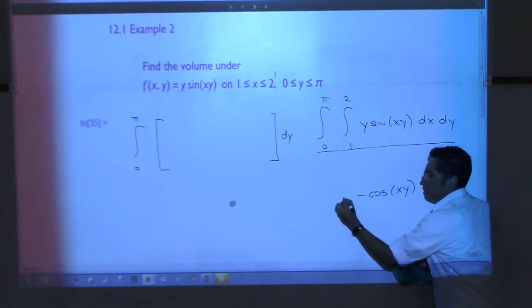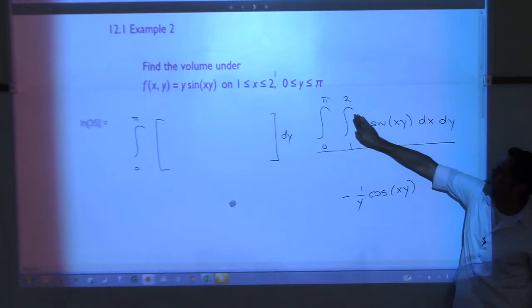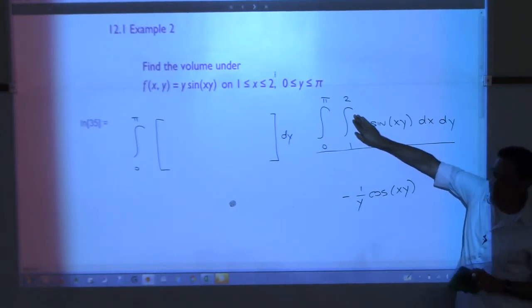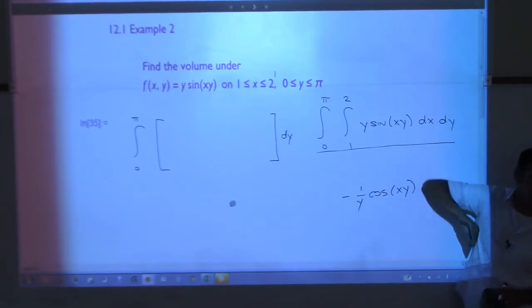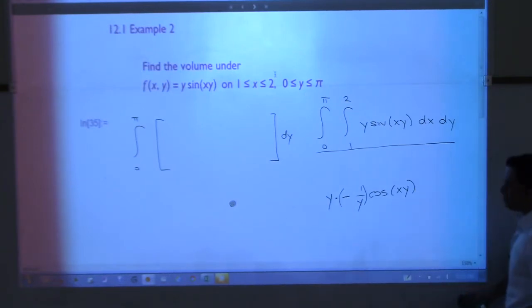So I always like to tell my students do 1 over y on the outside. If I cover up that y, the antiderivative of that is negative 1 over y cosine of xy. But then we have to bring that y back in. So this is times y out here.